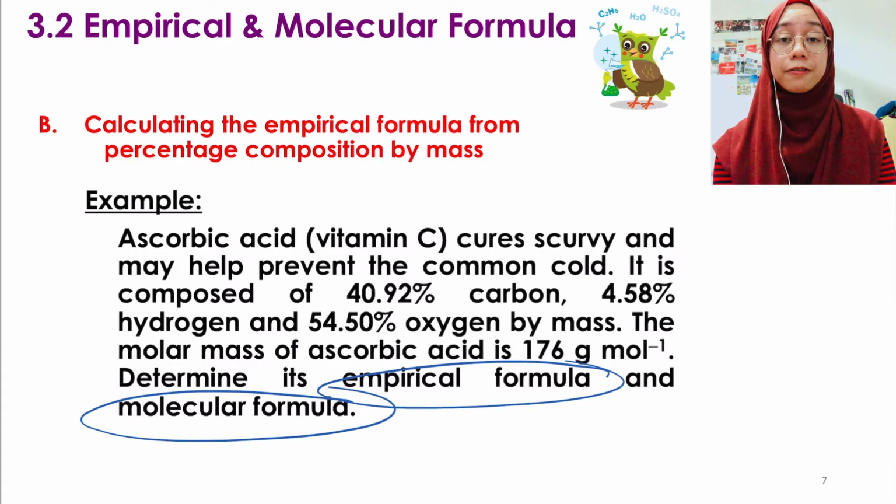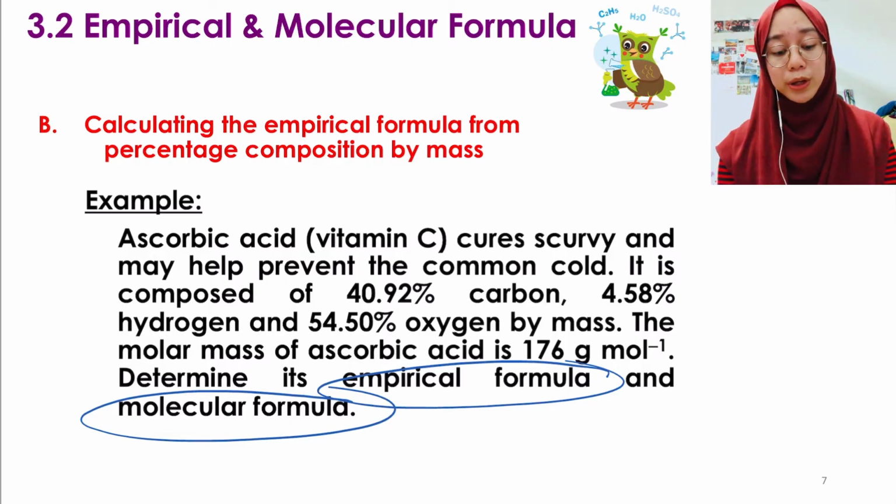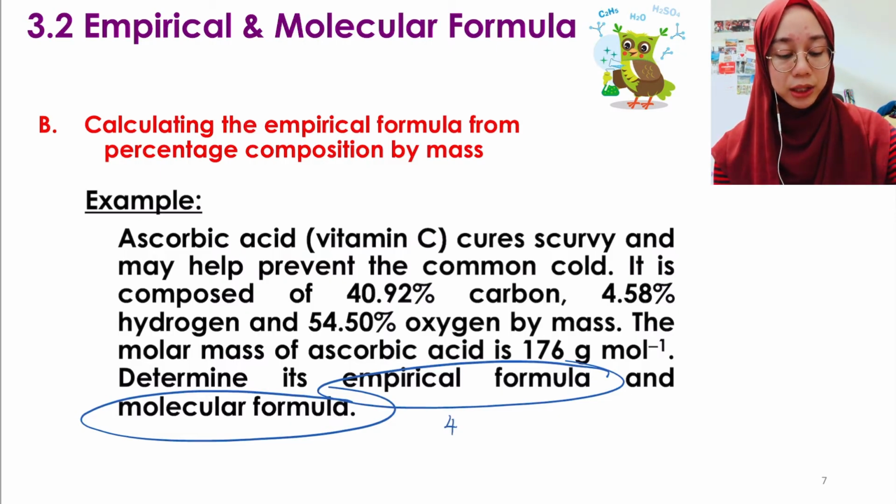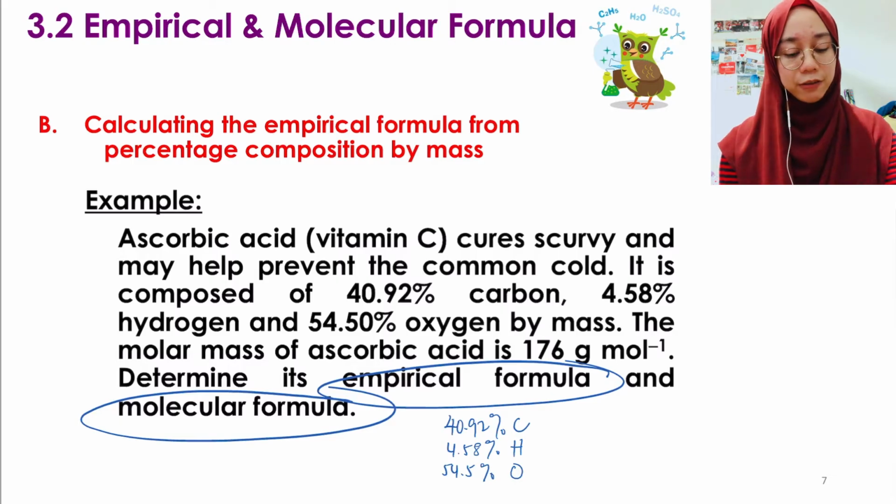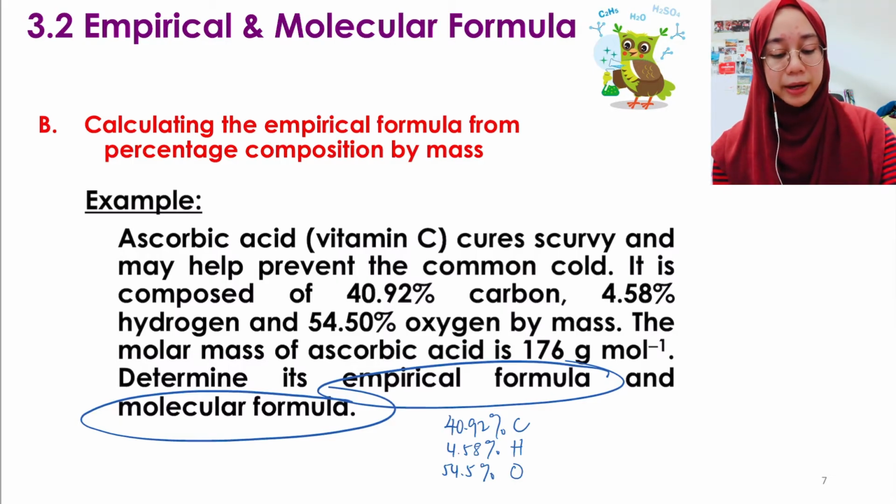Okay, so class, first thing kita kena buat adalah extract out all the info given to you. Okay, so what you have is 40.92% carbon, and then you have 4.58% hydrogen, and you have 54.5% of oxygen. And another info given to you is molar mass.